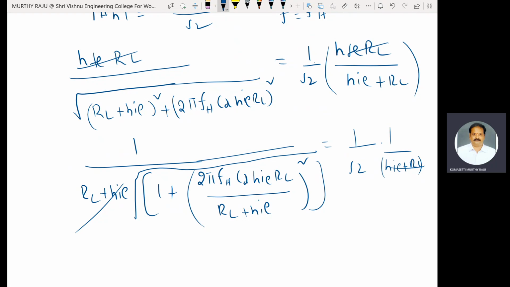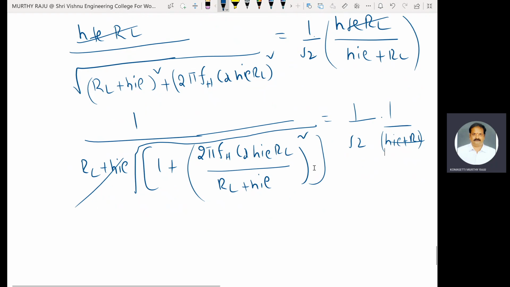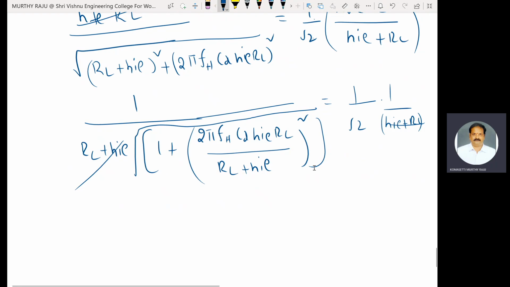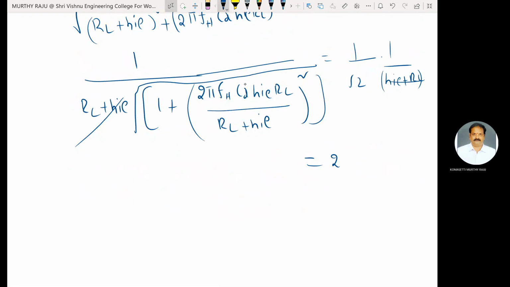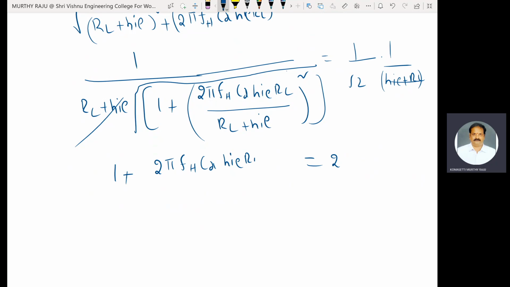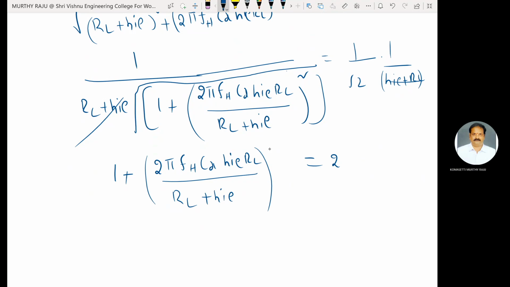These two are cancelled. Therefore, squaring on both sides, root 2 whole square is 2. The square and root terms are cancelled. Therefore, 1 plus 2 pi FH CD HIE RL by RL plus HIE whole square.